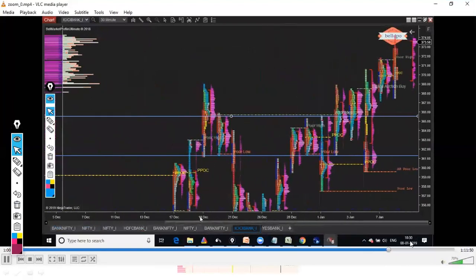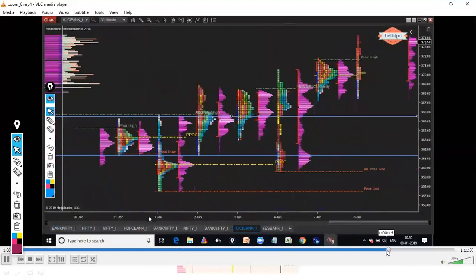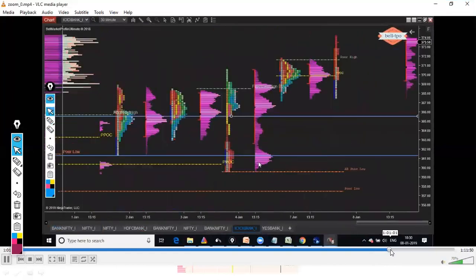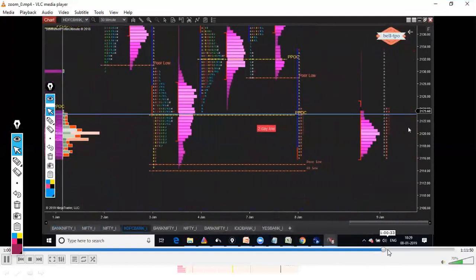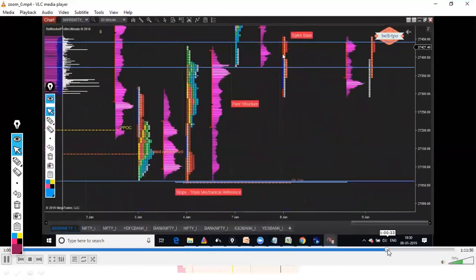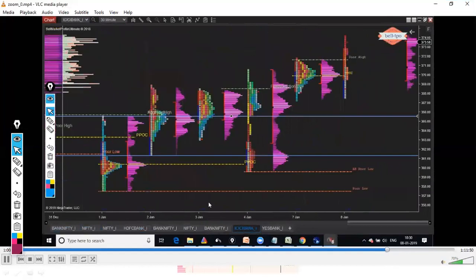Multi-day breakout. Similar setups, and it is also pretty close to clear. ICICI Bank, still that A and B and C elongation is going on.